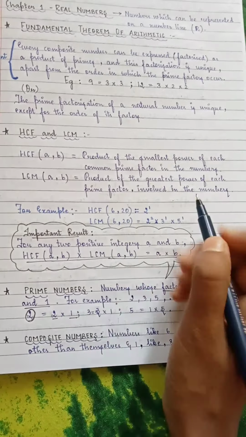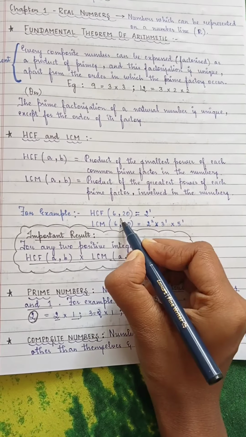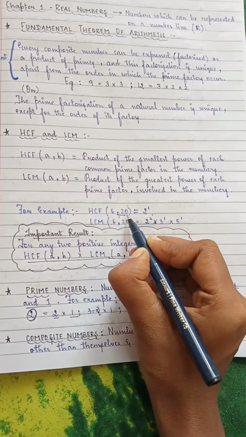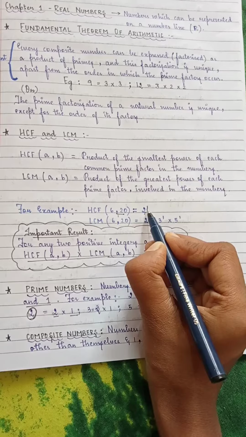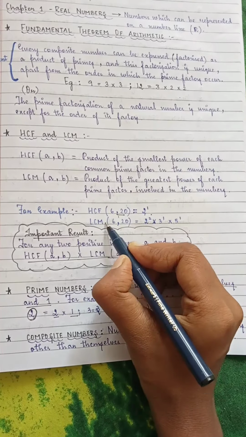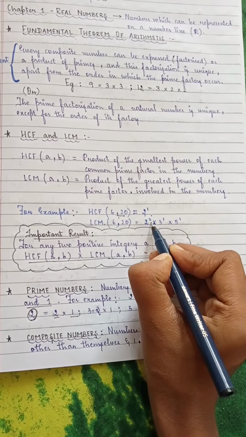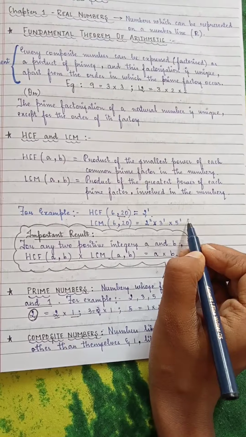For example, over here I have taken HCF of 6 and 20, which is 2. 2 can be written as 2 raised to the power 1. And similarly, if we take LCM of 6 and 20, we get 2 square into 3 power 1 into 5 power 1.